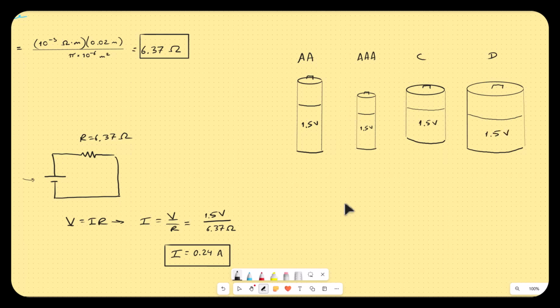All these voltages are the same, which actually means if you've got a TV remote that uses AA batteries, but you don't have any AA batteries, but you have a AAA battery, if you can take a AAA battery and add some foil as a conductor, it will work exactly as well as a AA battery.